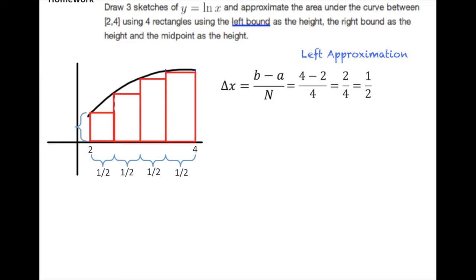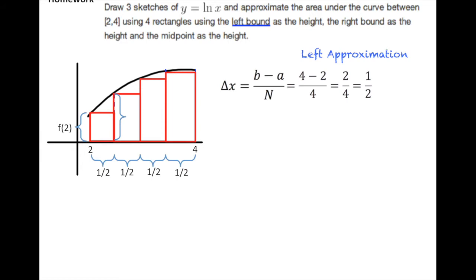So now I need to look at the height. I know the width is 1/2 and the area is width times height. So the height of this first one is going to be the height of the curve at 2, which I can display as f of 2. It's the function at 2.